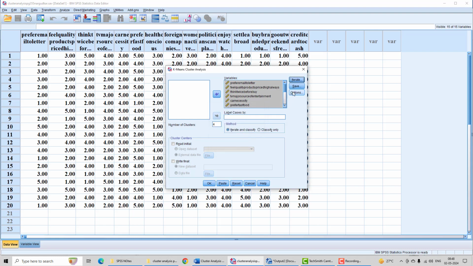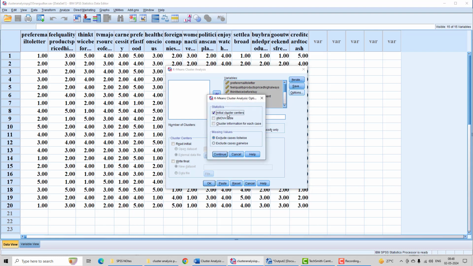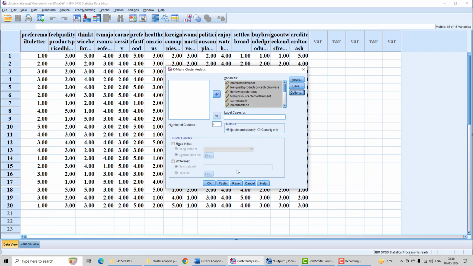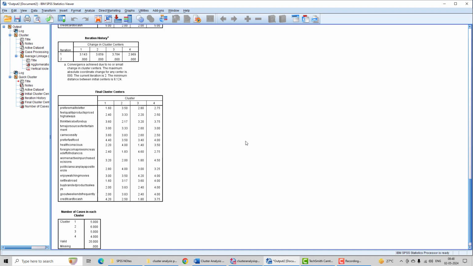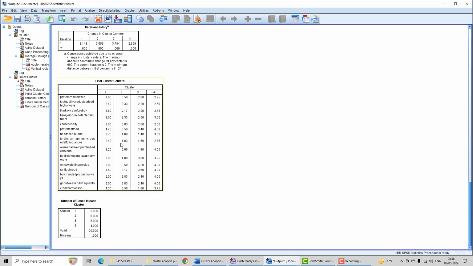And then we go for initial cluster centers. We do not actually want that, so we will just go ahead, and then we get the final cluster centers as well as the number of cases in each cluster, which gives you the idea of size.